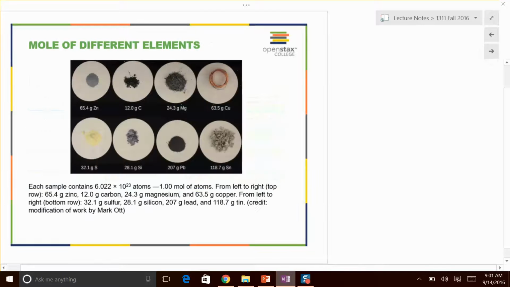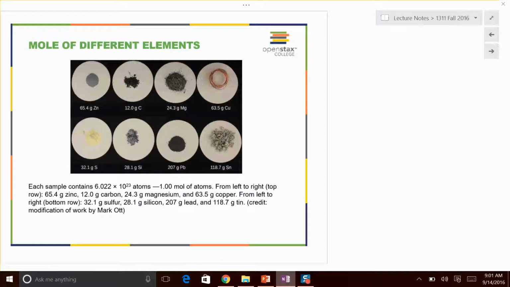So here we see each sample contains 6.022 times 10 to the 23rd atoms, or 1 mole of atoms. So this essentially is how much I would have to weigh out of these different elements to obtain those quantities of the mole. I would just simply have to weigh them out to these quantities.